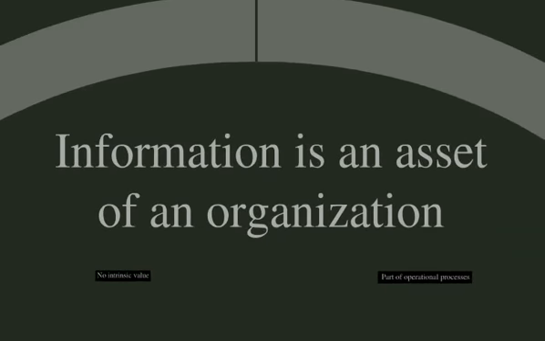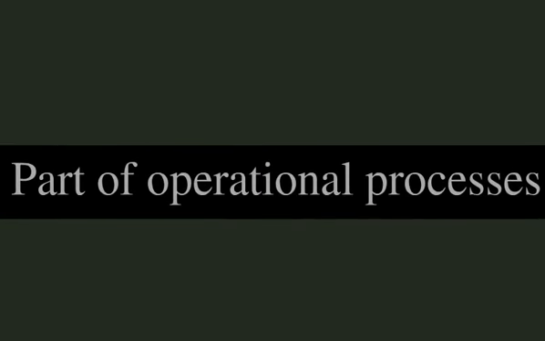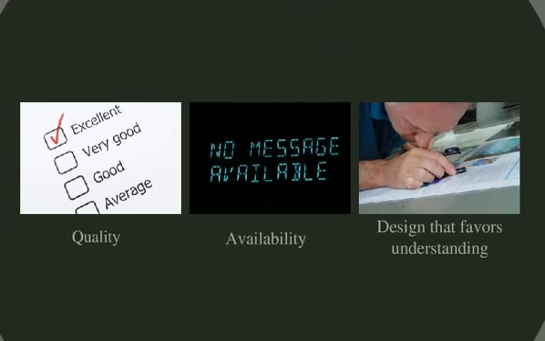Now let's talk about what can be done from an information management perspective. Information is definitely an asset of the organization, but it's a particular kind of asset that has no intrinsic value but is part of operational processes. Thus, we must assure that the information has the necessary quality and availability and is designed in a way that favors understanding and decision-making.